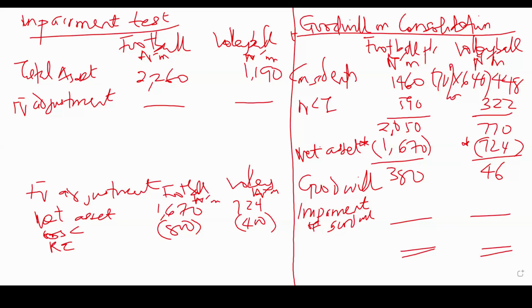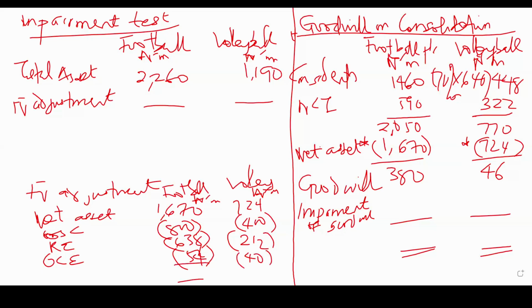Retained earnings, 638 for Football. For Volleyball, they said 212. Then other component of equity. This one was 54 for Football. For Volleyball, it was 40.